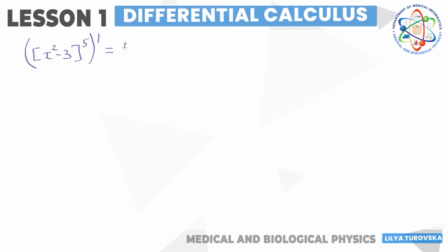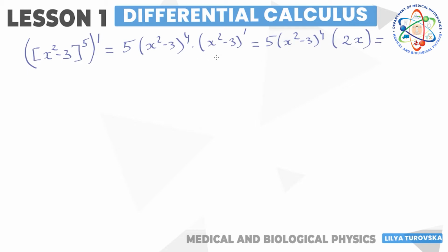So the power rule gives us 5 times x squared minus 3, raised to the 4th power, multiplied by the derivative of the inside function. The derivative of the inside function gives us simply 2x. Remember, the derivative of negative 3 is 0. And we can multiply 5 times 2 is 10x, times x squared minus 3 raised to the 4th power.